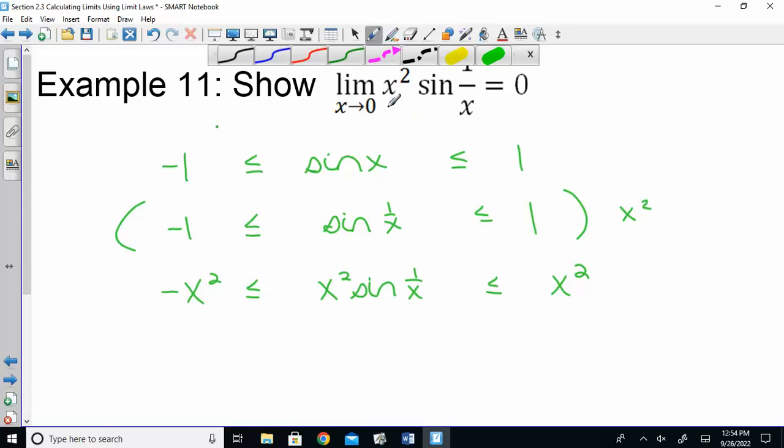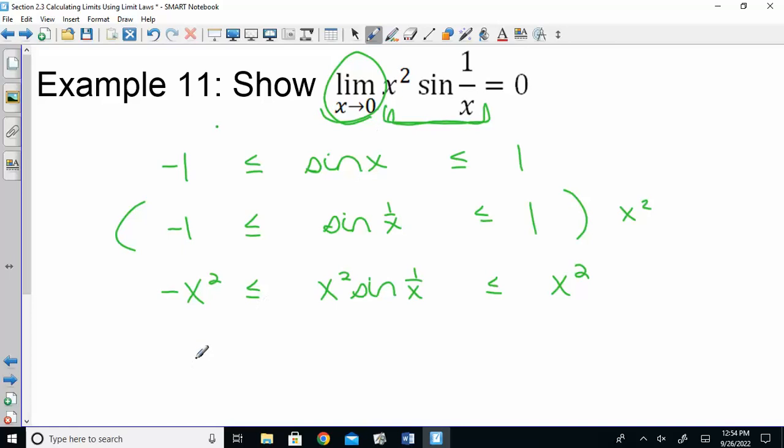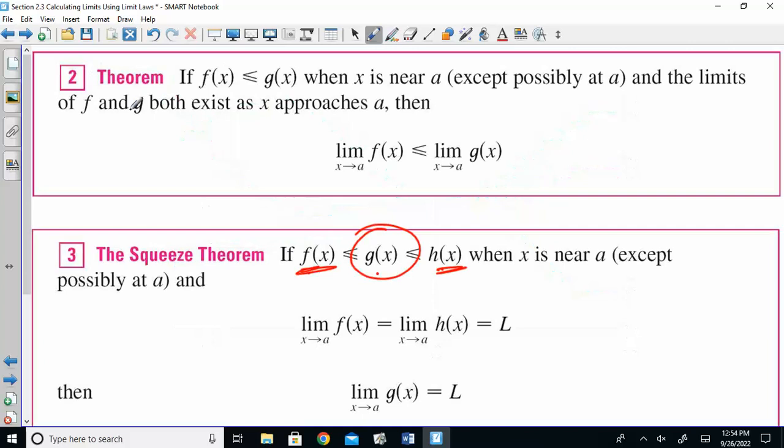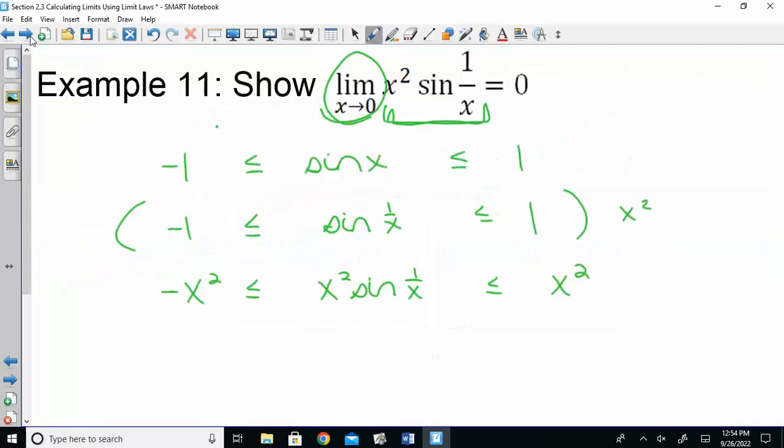So, look back at what we're going for. We have the x squared sine of 1 over x. What's the other thing we need? Limit. We are going to do the limit of all three pieces because we have a theorem that says, well, if this inequality is true, then we can do it with the limits as well.